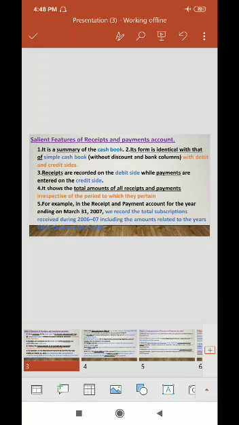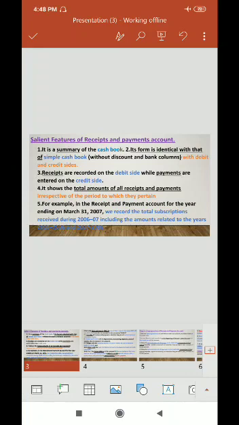Previous year's payment you have received this year, this year's payment you have received this year, and next year's payment you have received in advance. In such a situation, in the current year's receipts and payments account, you are going to show the entire information.